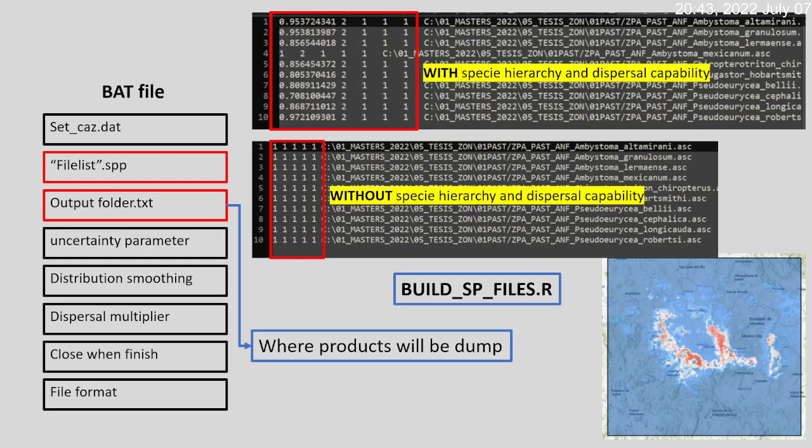So if the average has a higher value, it means that my species is well represented in the area of interest. Again, if the average of all the values from the model is high, close to 1, it means that the species was well represented. If it's lower, it's the opposite.